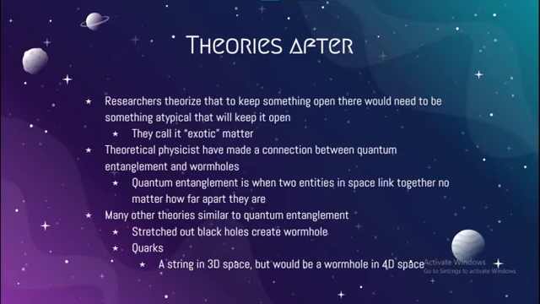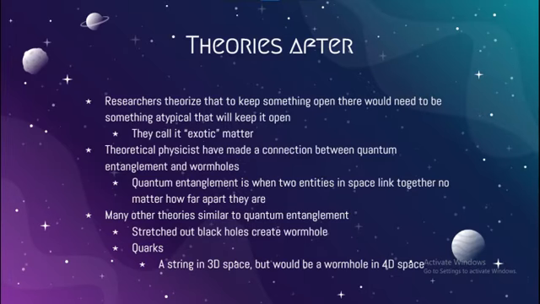If something or someone were to enter a wormhole, the gravitational attraction would try to close the wormhole. So they would need something to keep it open so that they could go through the wormhole and return safely. They theorized that they would need something atypical, something unusual that they don't have, which they called exotic matter.